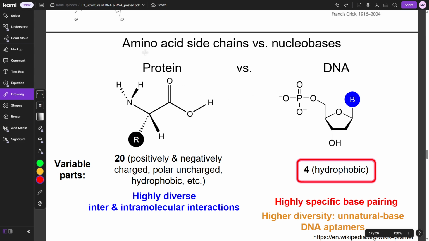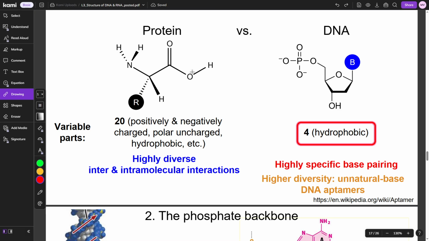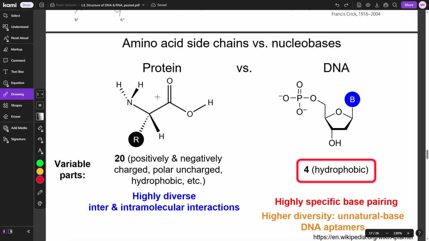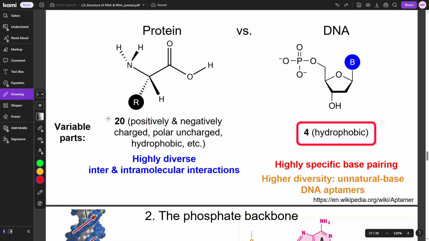So, for amino acids versus nucleobases or nucleotides, what you should know is that, if you remember from 440 when you memorized your amino acids, there are 20 amino acids, and there's a mix of a lot of things. There's positive ones, negative ones, polar, uncharged, polar uncharged, hydrophobics, all sorts of things. Very diverse.